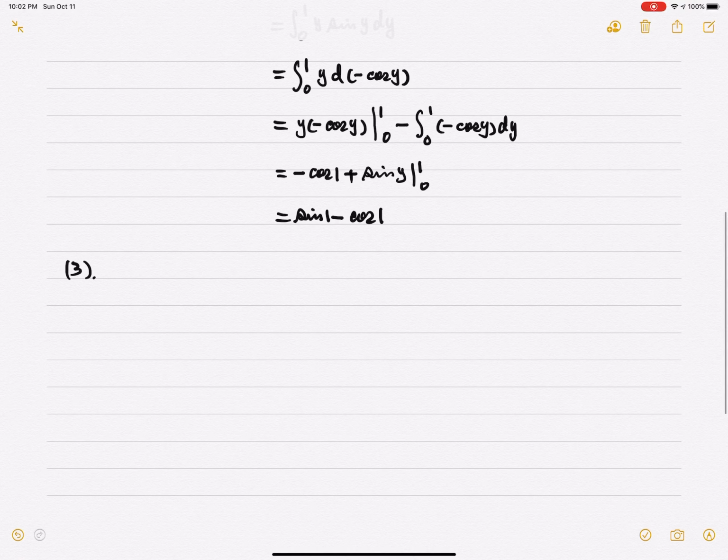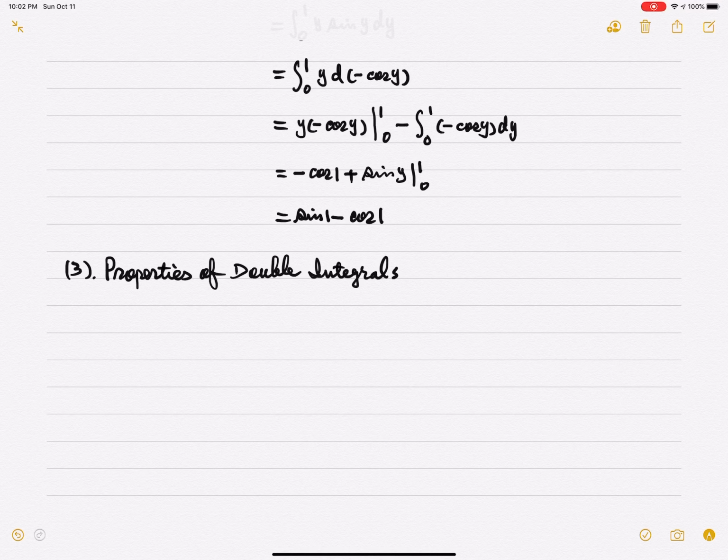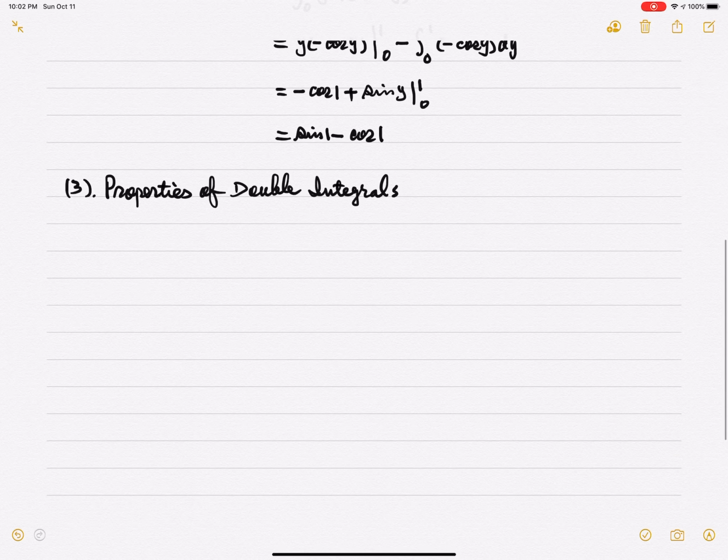Third part we talk about properties of double integrals. Well, let me just list some properties, and then you can compare with the properties of a single integral.